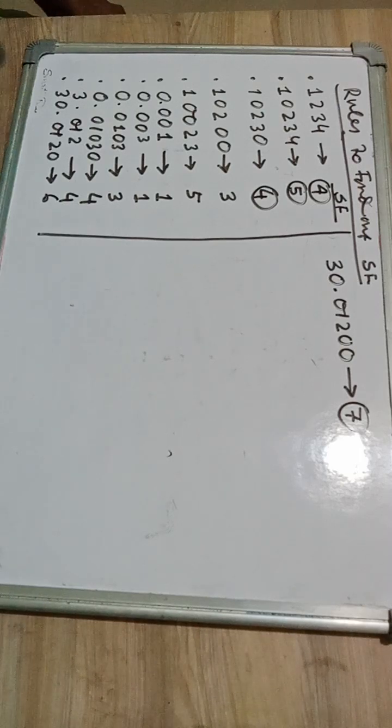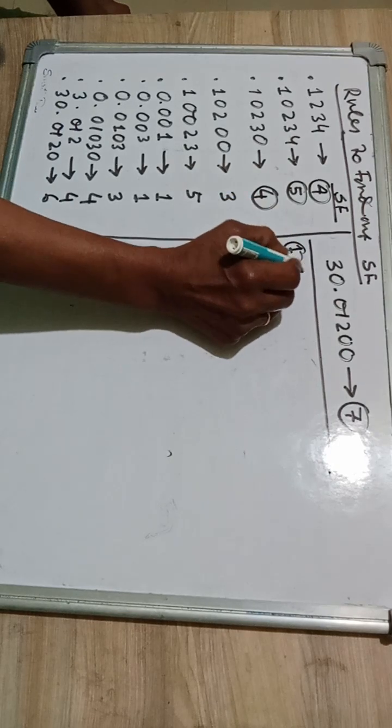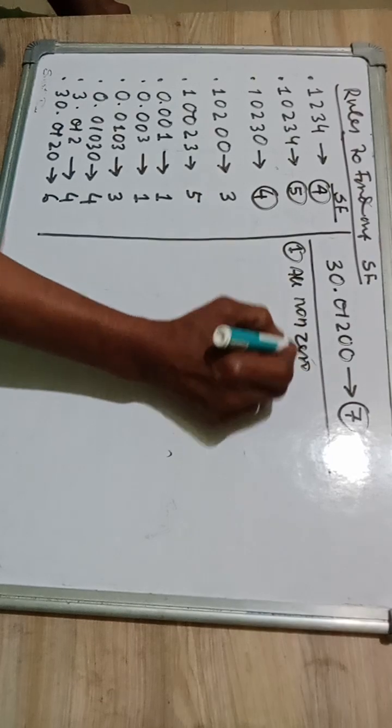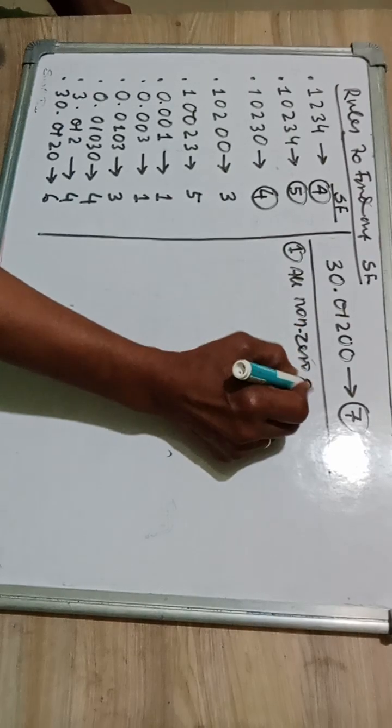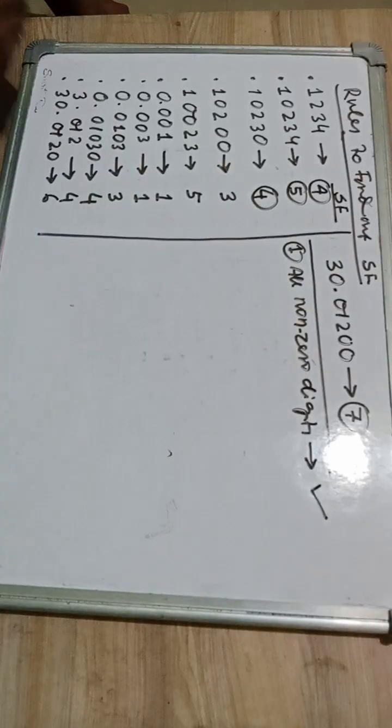How did we get all these different results? Using these rules. Rule 1 says all non-zero digits are significant.